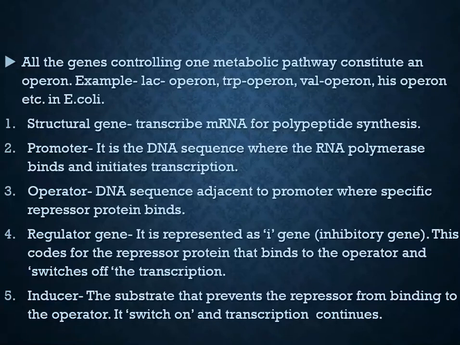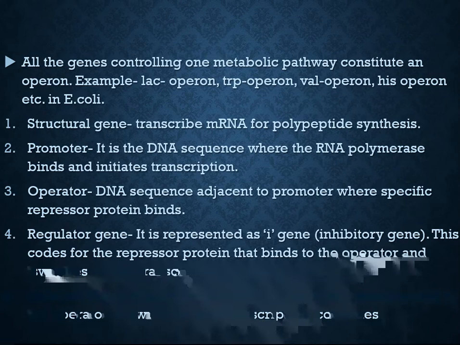Third is the operator. The operator is a sequence of bases on DNA adjacent to the promoter. The accessibility of the promoter gene for RNA polymerase is regulated by proteins called repressors. In most cases, a specific repressor protein binds to the operator.